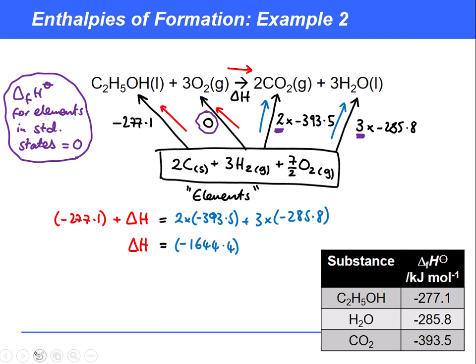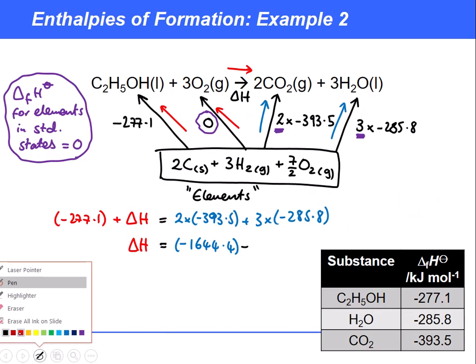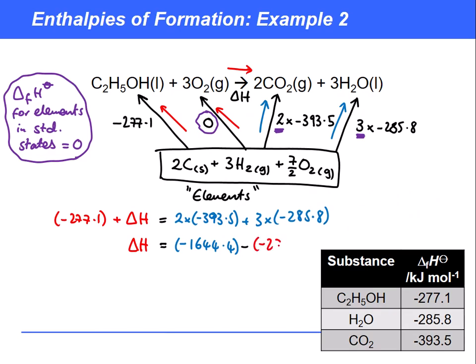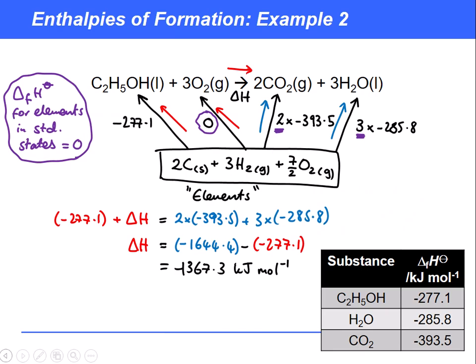We are subtracting from that minus 277.1, and overall that gives us a value of minus 1367.3. Sorry, that's not a very good 3. kilojoules per mole. And that was how to use Hess's law involving enthalpies of formation to calculate enthalpy changes indirectly.